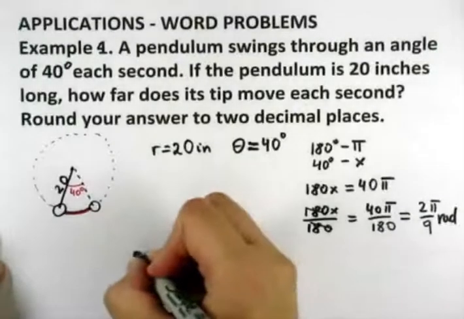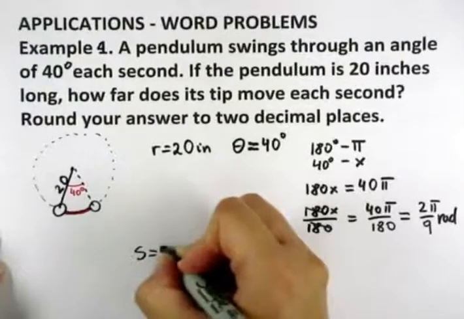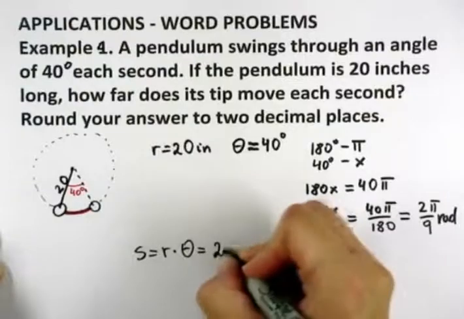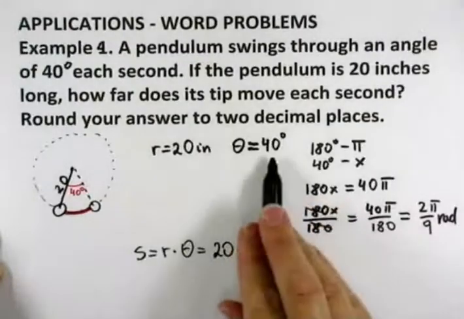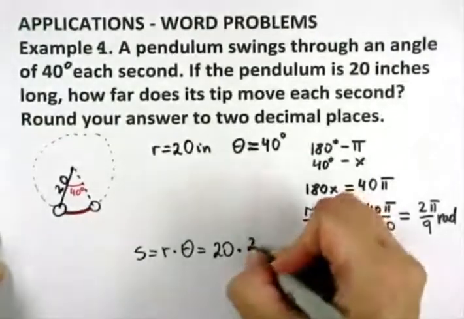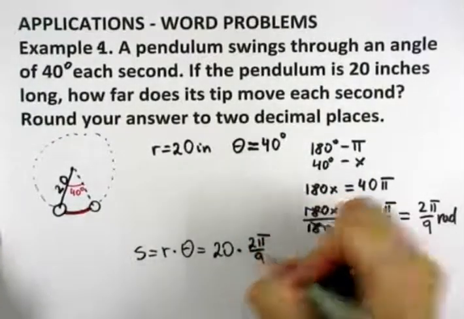So now my arc length S is equal to R times theta. R is 20 and theta is not 40. Theta must be in radians, so it's 2 pi over 9.